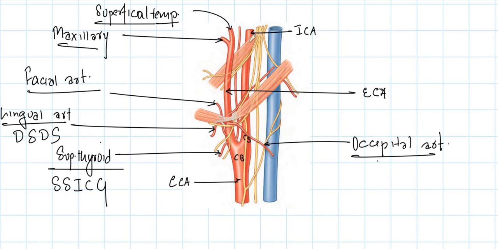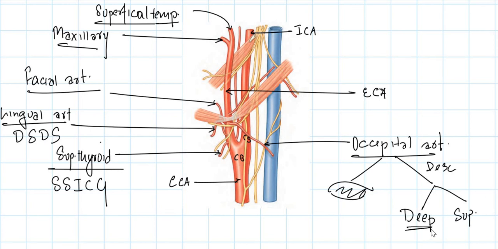It has a branch supplying a muscle, the sternocleidomastoid. It also has a descending branch, with a deep branch and a superficial branch. The deep branch anastomoses with the deep cervical artery, and the superficial branch anastomoses with the superficial branch of the transverse cervical artery.